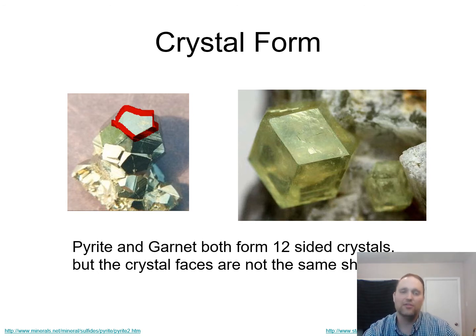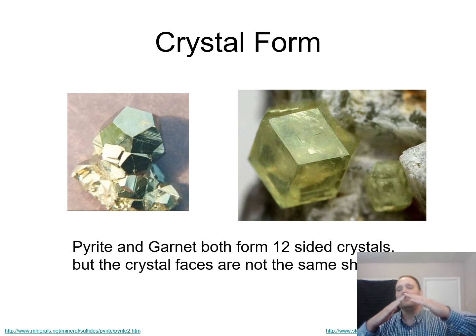On the pyrite, there's 5 sides, and so they're pentagons. And so even though there's the same number of faces, the underlying geometry is just totally different. And so, yes, the number of faces can be distinctive, but you have to look at the shape of the faces, the angles between the faces. Sometimes it's more indicative of what you're really looking at.